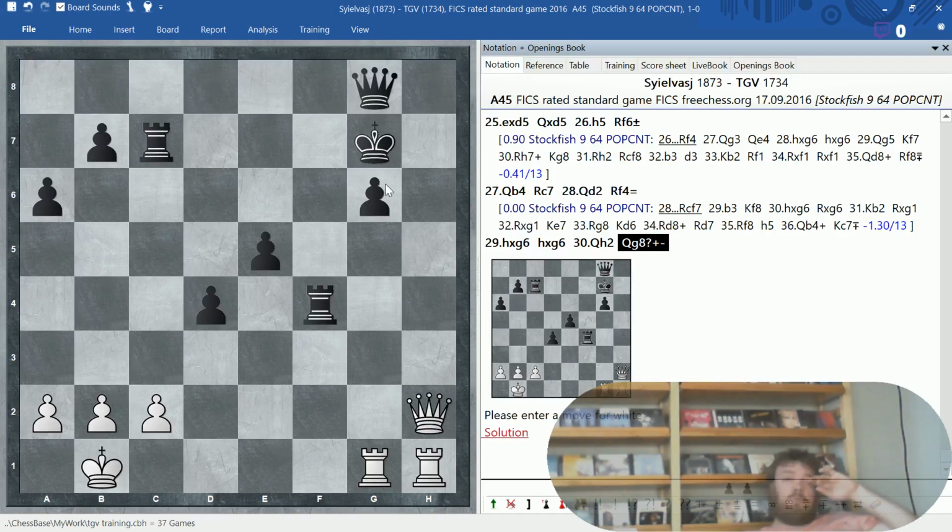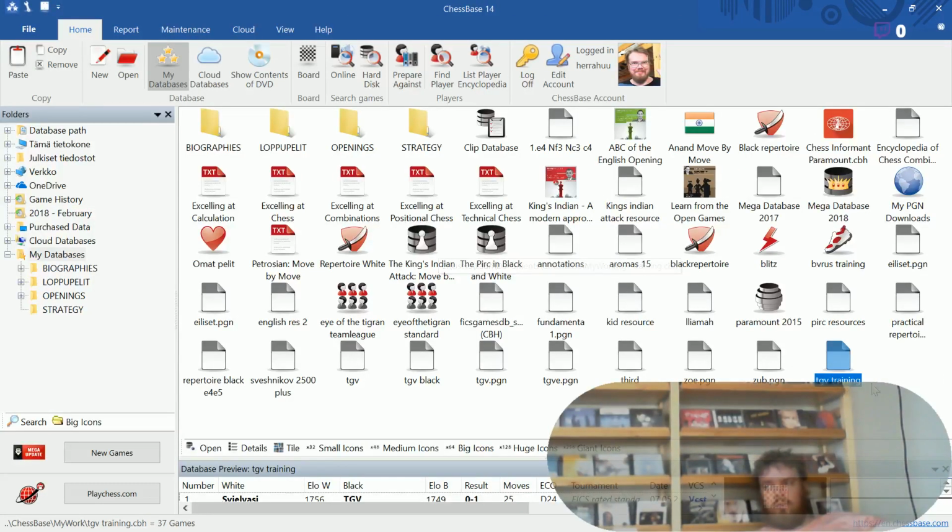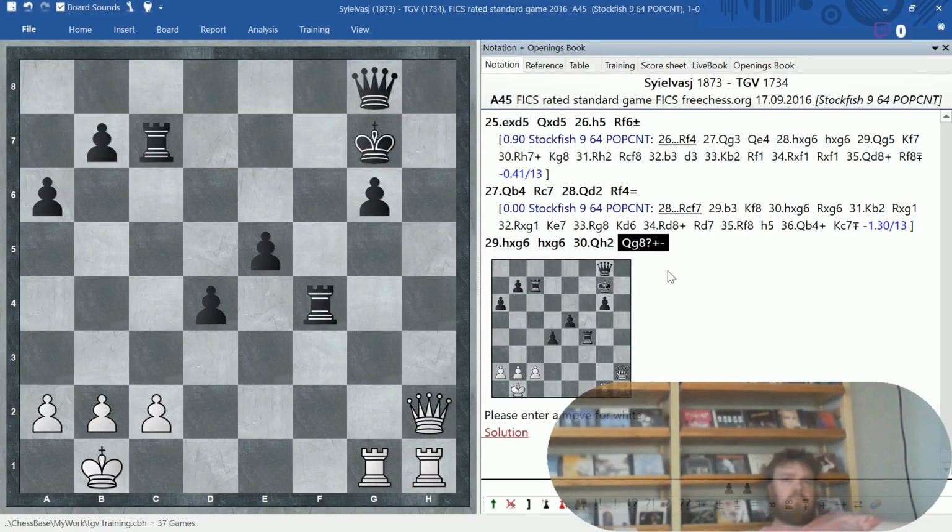So if we take the pawn, okay, so we have this square. Now I don't know what happened. I don't understand.